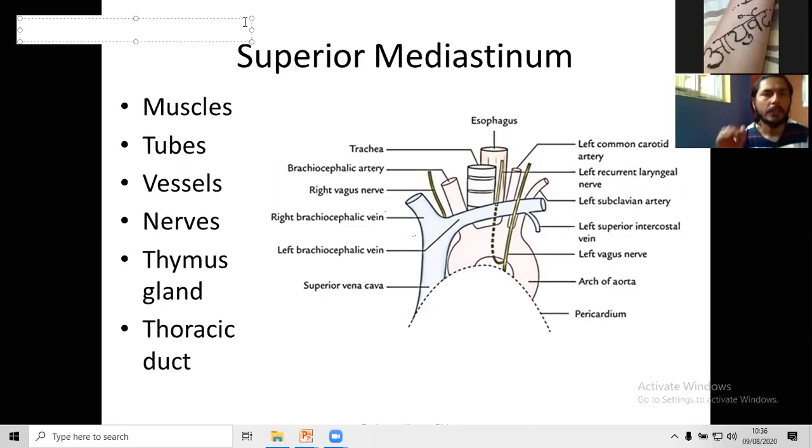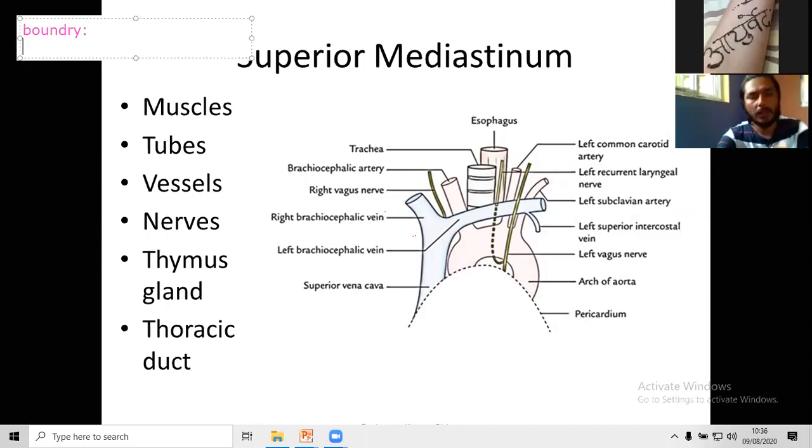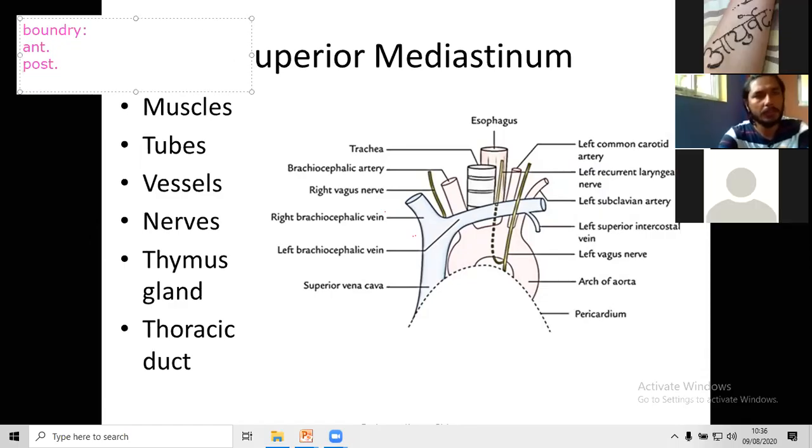Now see, again first we have to know the boundary of the superior mediastinum. So for the boundary of the superior mediastinum, we have to see the anterior boundary, posterior boundary, superior boundary, and the inferior boundary.